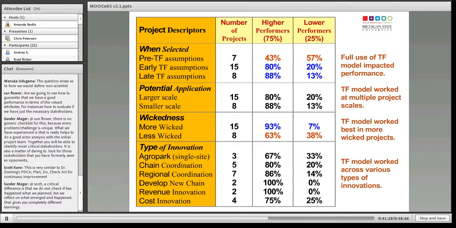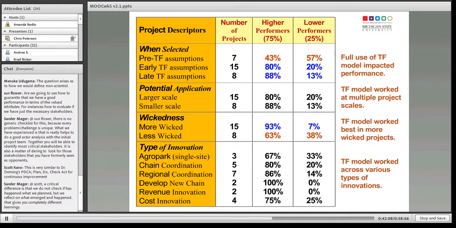But if you really are faced with a wicked problem, then you better be using the full model that Transforum worked through. The other thing that I did, and again we have some real problem with small numbers here, was to see if the type of innovation mattered, and it turns out that there isn't any really profound pattern here. So the good news is the Transforum model would appear to work across a variety of innovation projects.